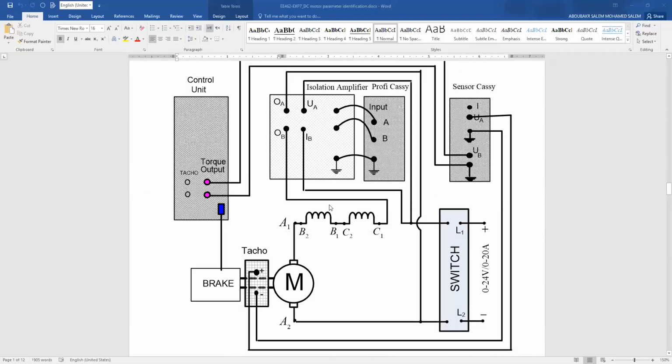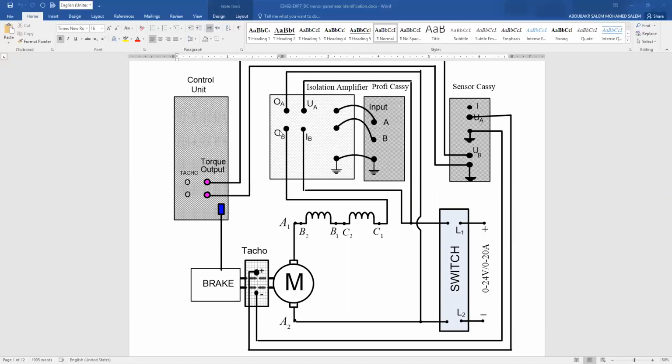So simply, this is the armature of our motor that we need to measure the time constant. We are going to connect the coils A, B, and C in series, like in the figure here, and we will measure the armature current, and also we will measure the applied voltage to the armature.